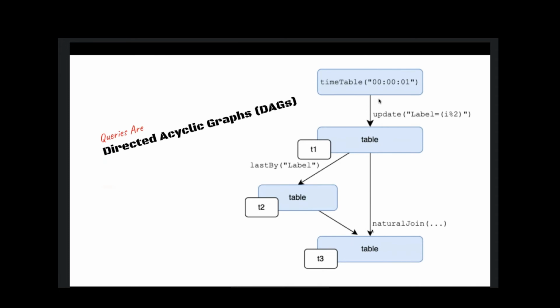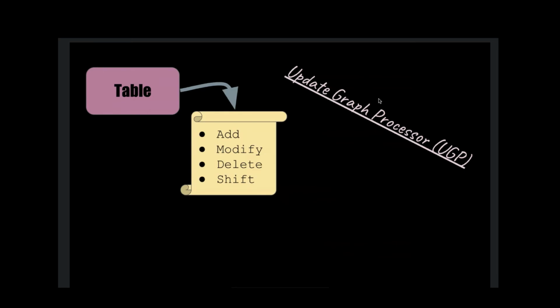If you look at real-time data, as these root nodes change, those changes end up going through this graph and updating the tables, which leads us to the update graph processor. When a table changes, it produces a record of what changed. It will tell you what rows were added, what rows were modified, what rows were deleted, and what rows were just shifted around.